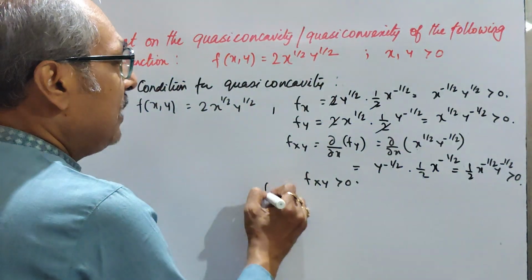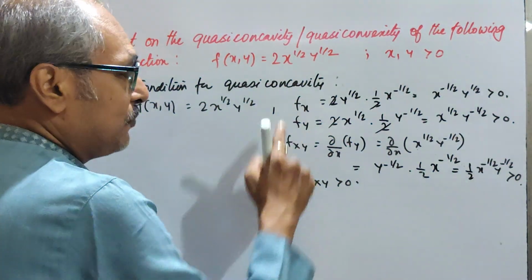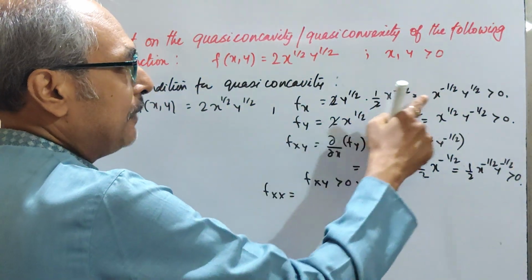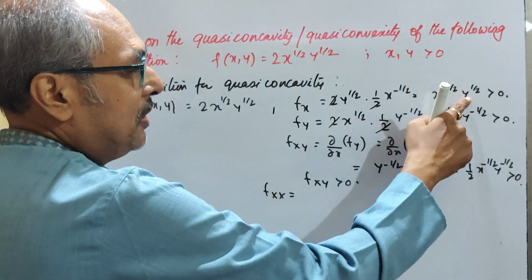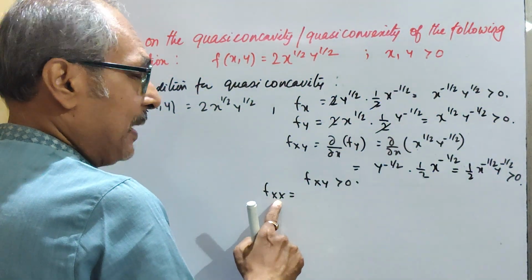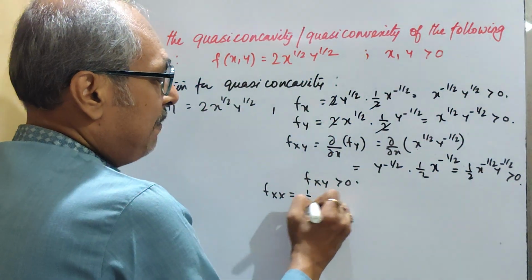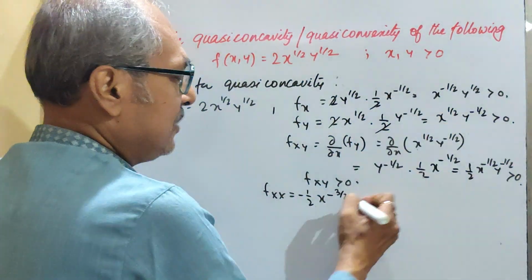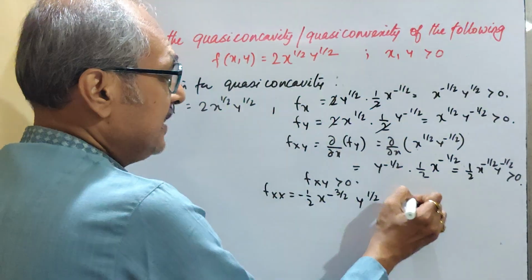Now we calculate fxx, that is we partially differentiate fx with respect to x keeping y constant. fx equals x to the power minus half y to the power half, so the minus half comes here, minus 3 by 2, y to the power half, this is negative.